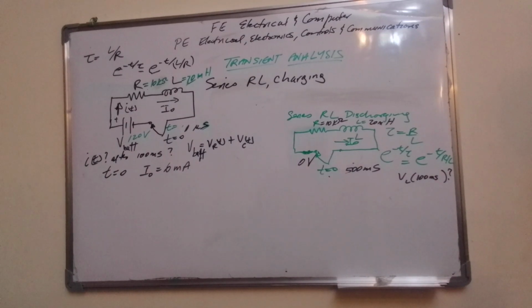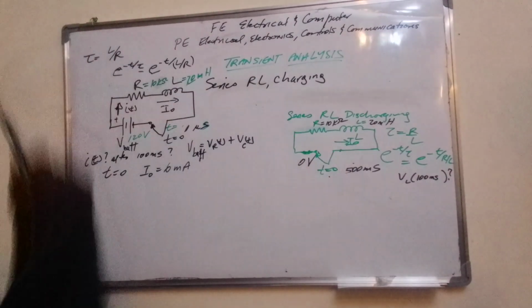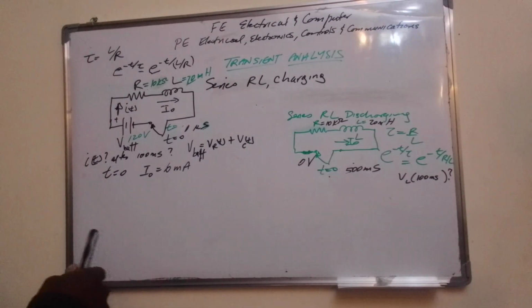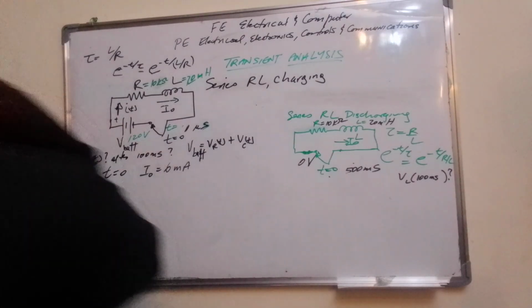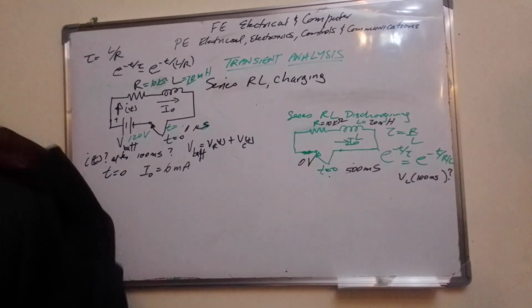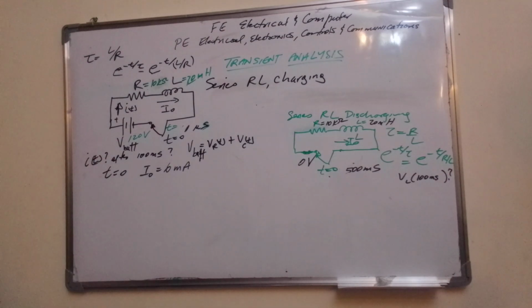Okay, so let's say we have this RL circuit, right? There's a voltage source of 120 volts and an initial current of 6 milliamps. Let's say we have a 10k ohm resistor and a 20 millihenries inductor in the circuit.